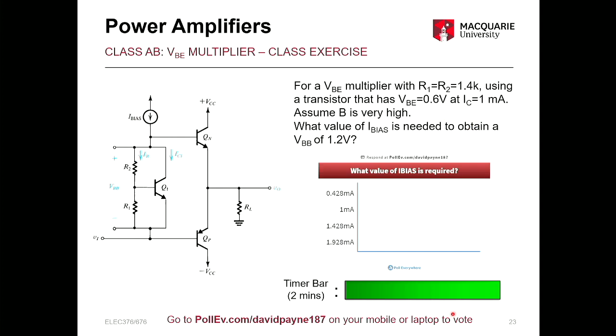So another class exercise. Here we've got the VBE multiplier, equal resistors 1.4K. You're given the VBE and you know the IC. You can assume beta is very high, so of course that means you can neglect our IBs. What value of I bias is needed?